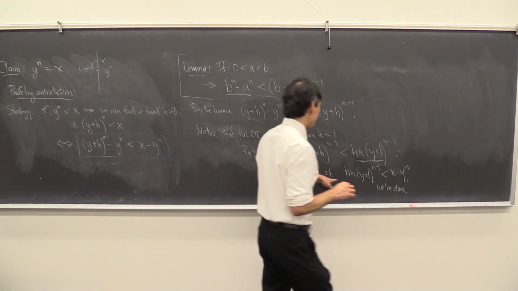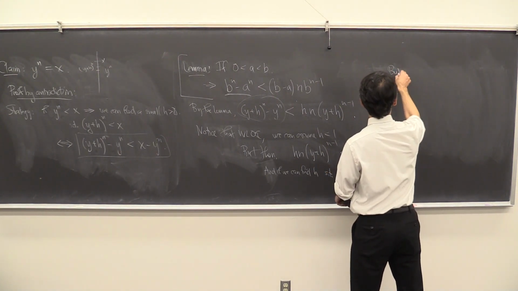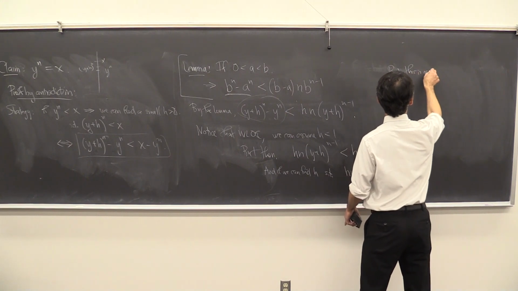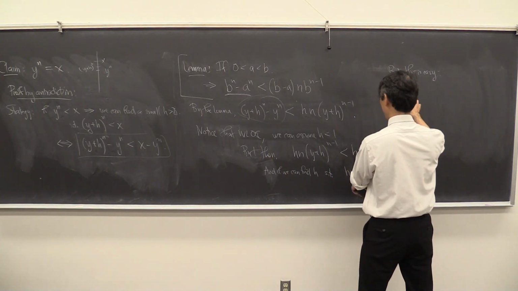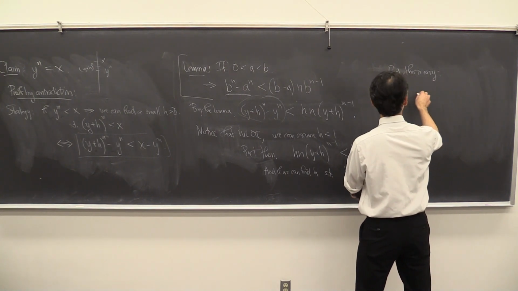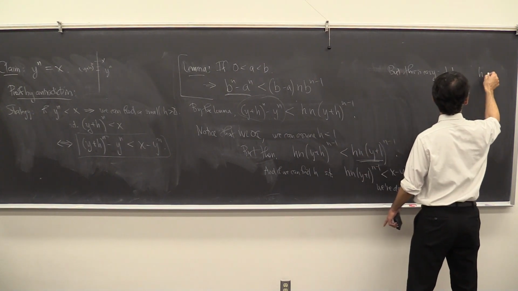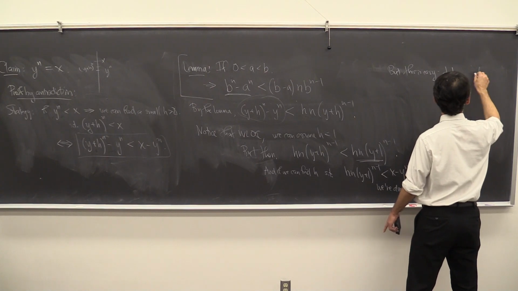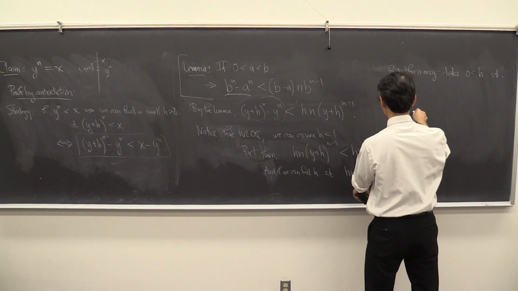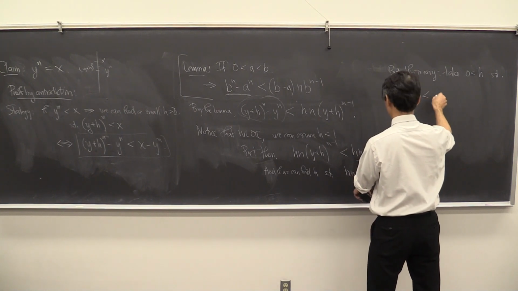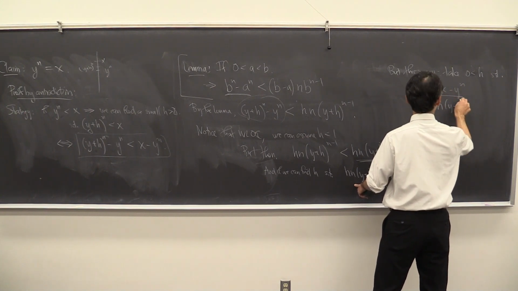Okay. But this is easy. Just take h bigger than 0, such that h is smaller than x minus y to the n over n times y plus 1 to the n minus 1.